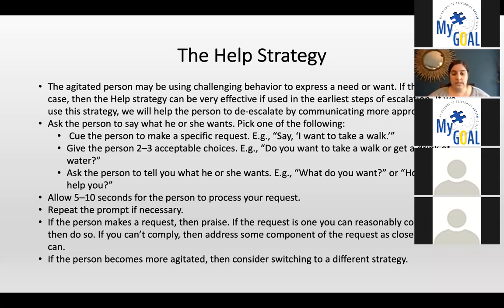And then as soon as they engage in that behavior, as soon as they ask for the break, even if it's prompted, we are going to honor that. So even though you wanted them to sit down and do their work, if they appropriately asked for a break, we're going to allow them to have that break in the effort to prevent escalation of maladaptive behaviors.